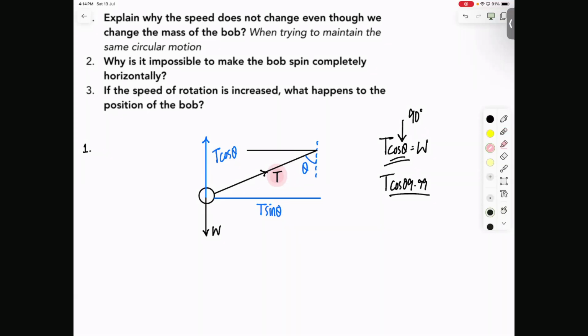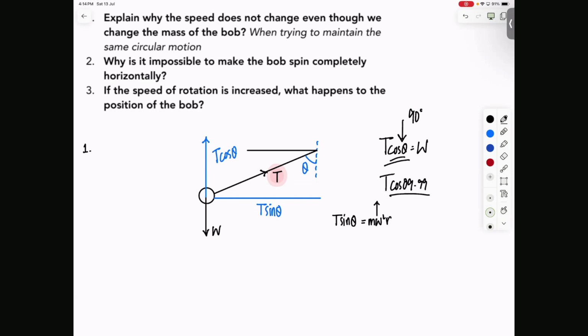So I'll explain. Who provides the centripetal force in this scenario? T sine theta, right? So T sine theta provides my centripetal force, and that would be equal to what? mv squared by r, right? Or m omega squared r, right? So there are different equations out there. Now, if I spin it faster, what will happen to omega? Increases.